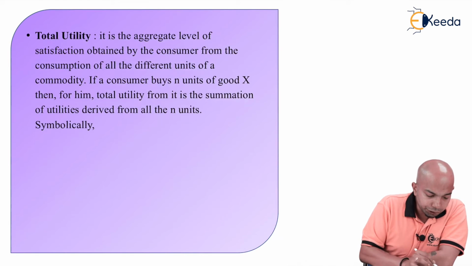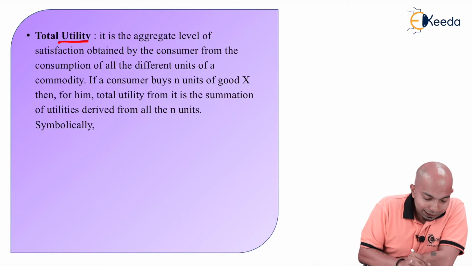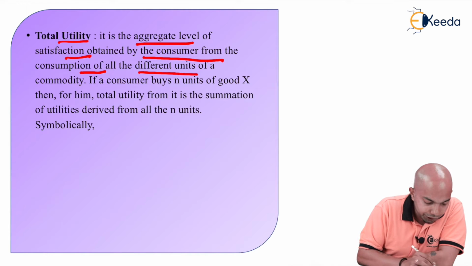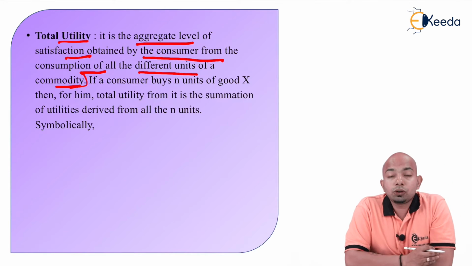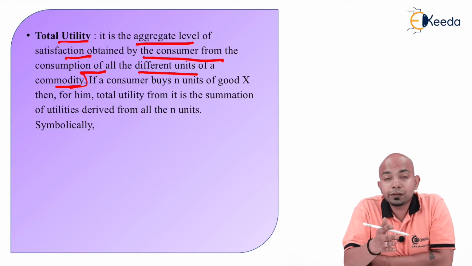Total utility is the aggregate level of satisfaction obtained by the consumer from the consumption of all the different units of a commodity. It is the aggregate of the satisfaction that a consumer has after he has consumed all the units of a specific product.